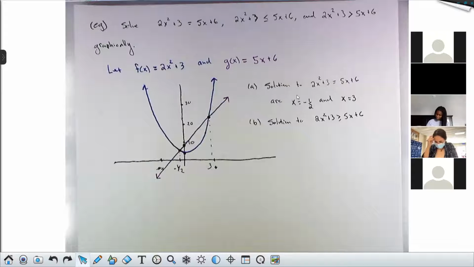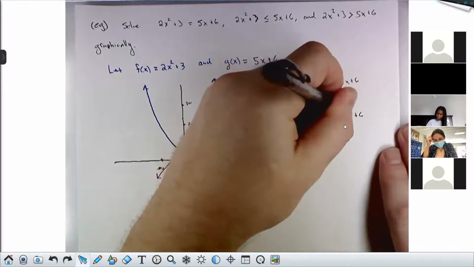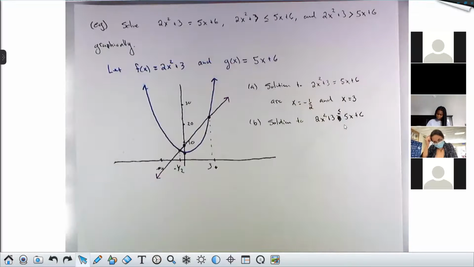Where f of x is lower than g of x. Careful with the labels. Oh, I think I switched the inequality around. Yeah, this should be a less than or equal to, not greater than or equal to. I'm sorry. Yeah, so you're correct. We're looking for places where f, the parabola, is beneath g.